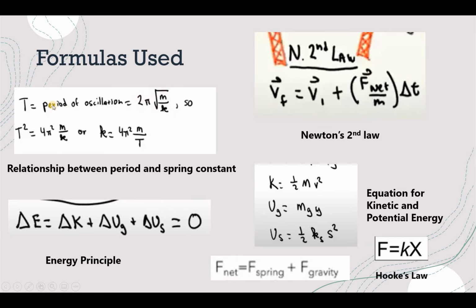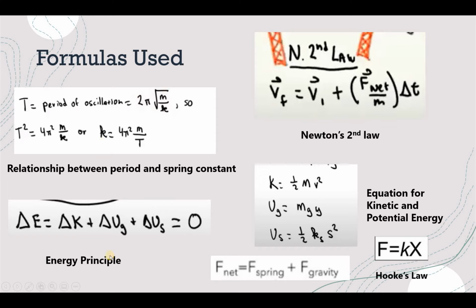So the formulas I used were the period of oscillation, which is 2 pi times the square root of m over k, and then we're going to isolate k by itself, which is this formula: k equals 4 pi squared times m over T squared. We're going to use this equation to figure out our spring constant with the oscillation.